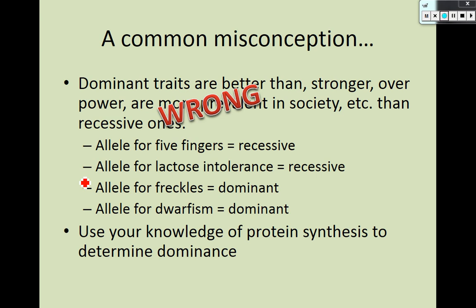So I'm going to have freckles. That's got to be dominant. There may be some you don't know, right? I don't know that you can use that knowledge to work through dwarfism. So sometimes you just might need somebody to tell you, hey, dwarfism's dominant. If you have any genes creating whatever protein it is that causes dwarfism, you're not going to be a full-heighted person.